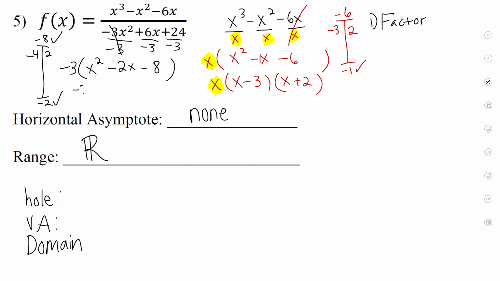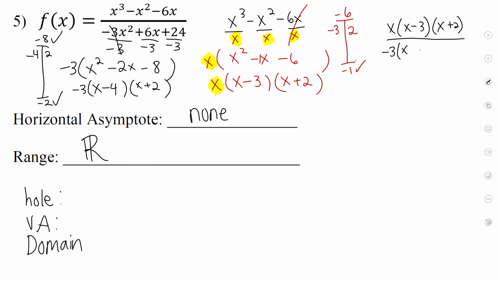So -3 is still on the outside, and my factors are x minus 4 and x plus 2. All right, guys, that was the denominator. So guys, all that was just factoring. So the numerator is x times x minus 3, x plus 2. The denominator is -3 times x minus 4, x plus 2.